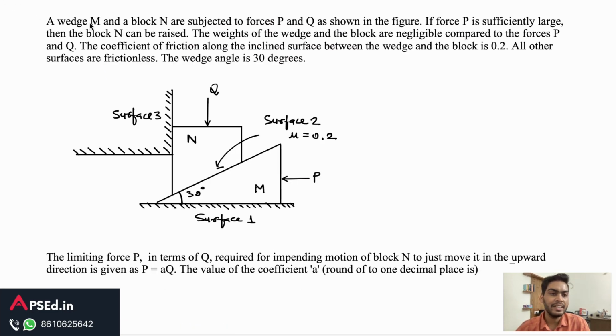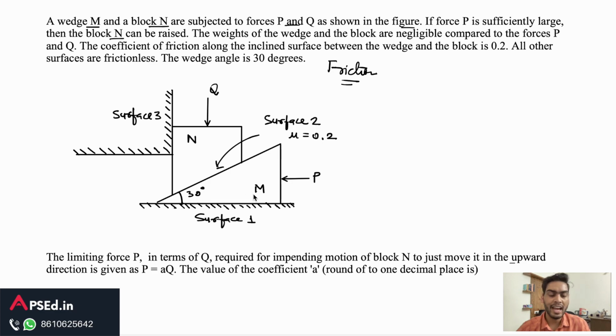So this question is from friction, as we covered mechanics last week. I wanted to cover this question, which is from GATE. It says a wedge M and a block N are subjected to forces P and Q as shown in the figure. If force P is sufficiently large, then the block N can be raised.